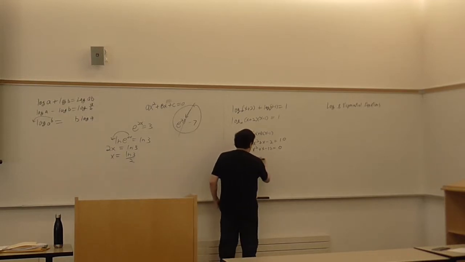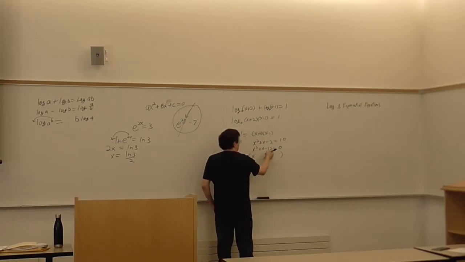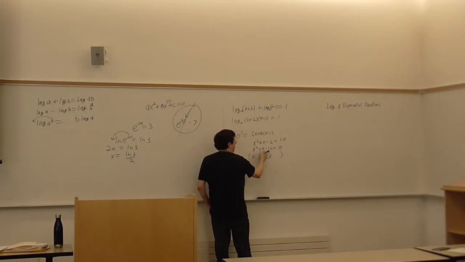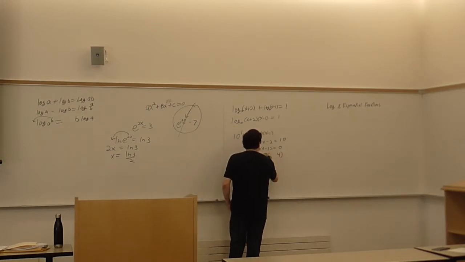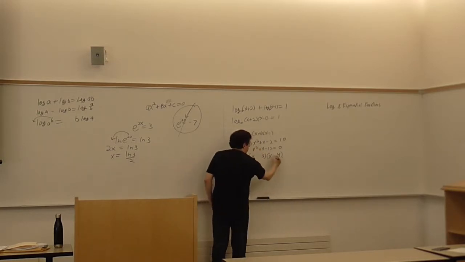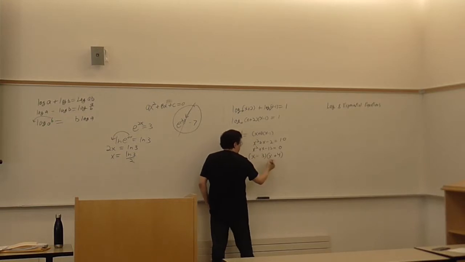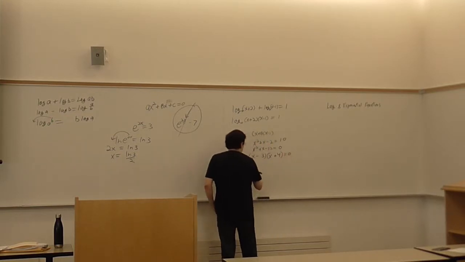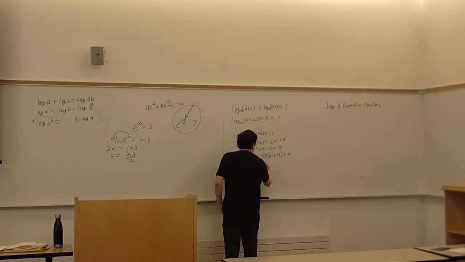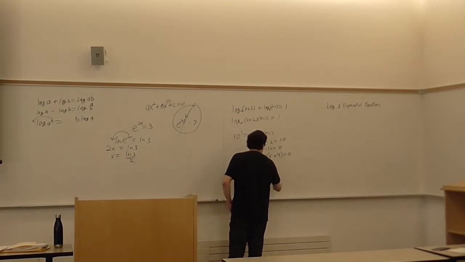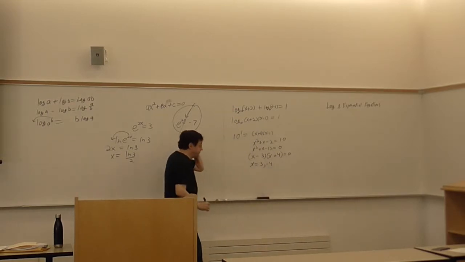That looks like something I might factor. 4 times 3 equals 12, and their difference is 1. So plus goes on the 4, minus goes on the 3. And I get the solutions x equals 3 and x equals minus 4.